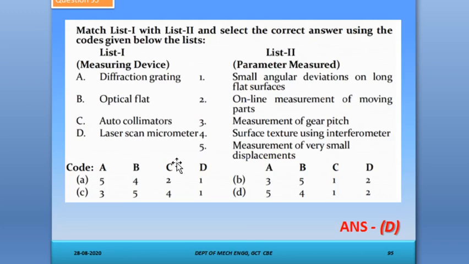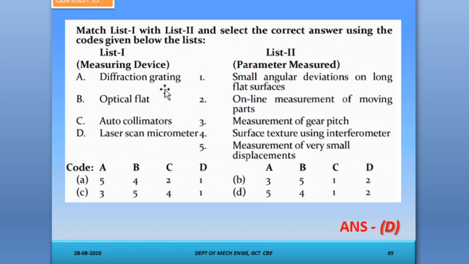Two lists are given. We have to match list 1 and list 2. The first list is the measuring device, and the second is the corresponding parameter to be measured. First list: diffraction grating, optical flat, autocollimator, laser scan micrometer.